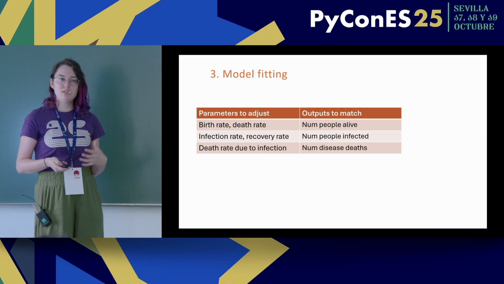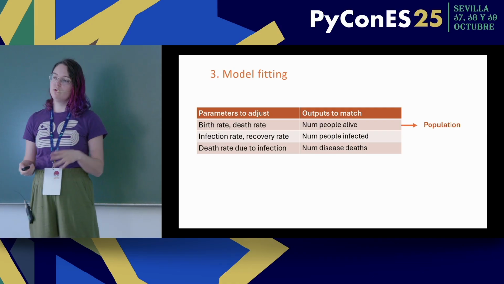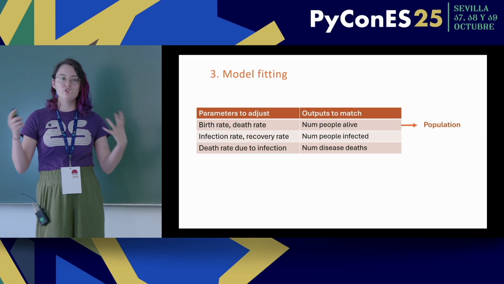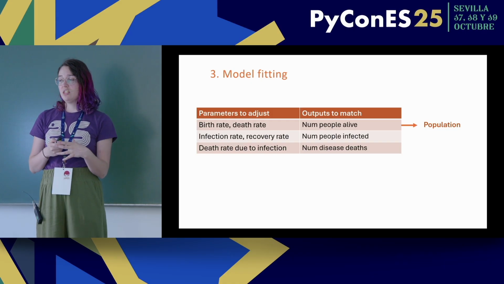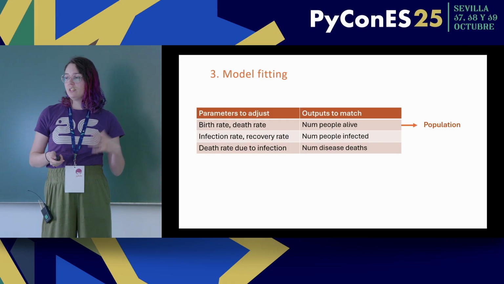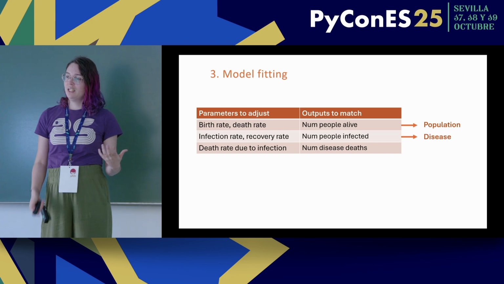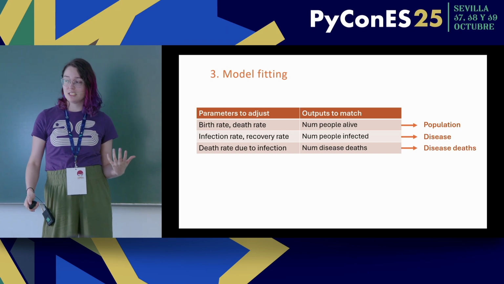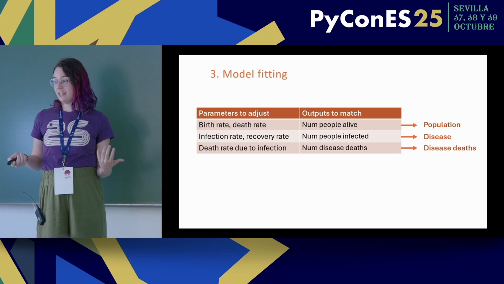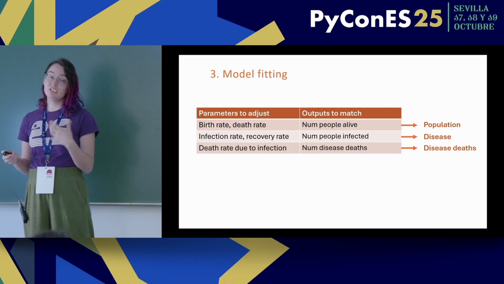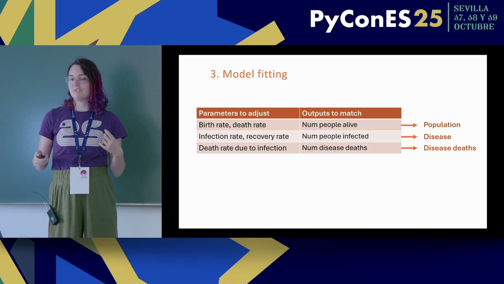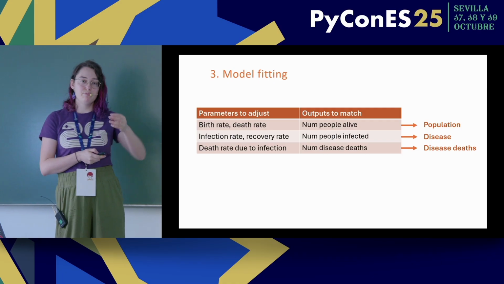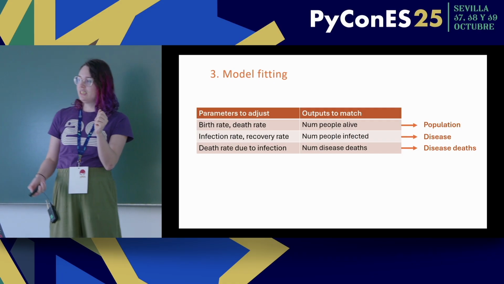And we do this in a particular order. So we always start with the largest parameters that have the biggest impact on the simulation. So we start off with population, and then the disease parameters, and finally disease deaths. The reason is because if we started off by calibrating the disease deaths, we would have the problem where, maybe we've perfectly calibrated the disease death rate.